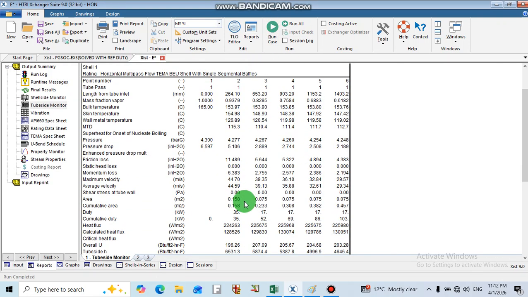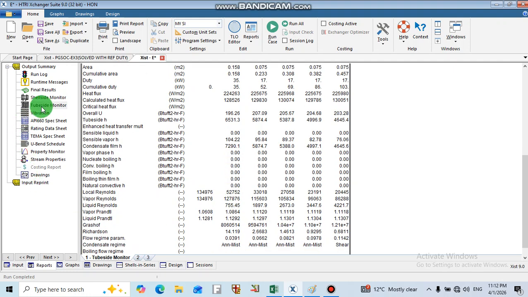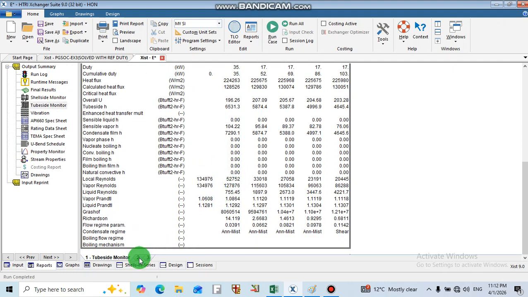As you can see, at the tube side monitor tab, just click on the first tab. We do not have any gravity flow regime. That's totally hydraulically acceptable. For the tube side monitor, we have annular or mixed flow regime, which is totally acceptable.